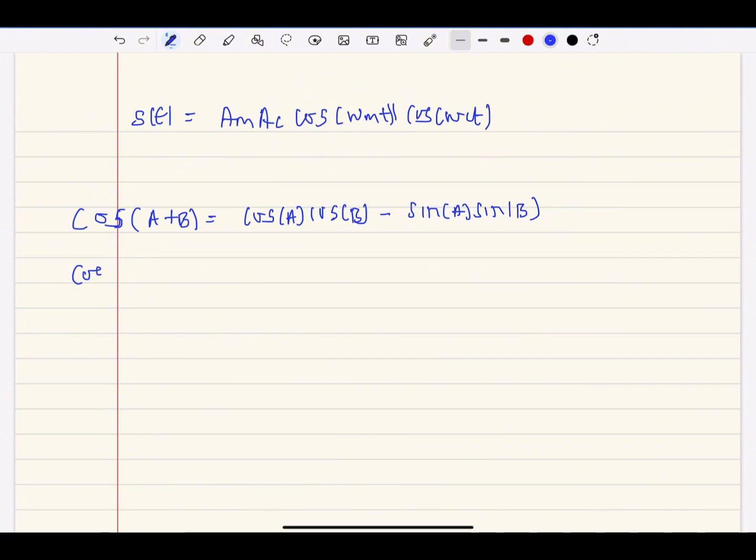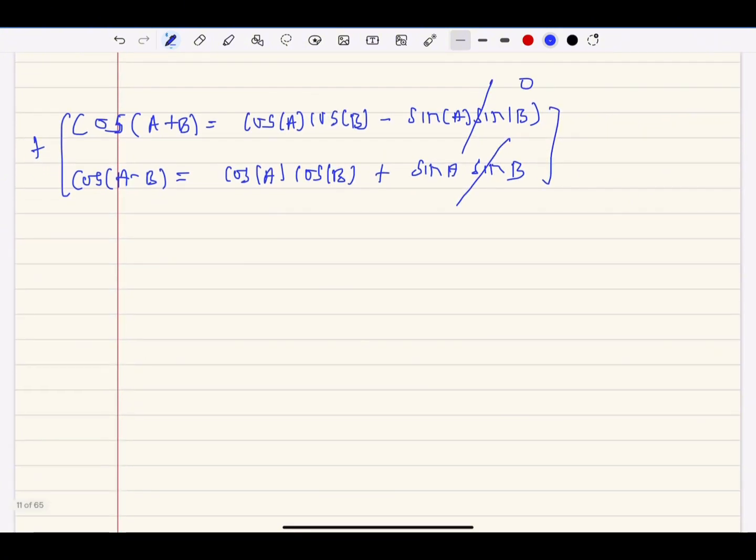You also have cos(A − B) equal to cos A cos B plus sin A sin B. When we add these two identities, this one goes to 0, and we get 2 cos A cos B equal to cos(A + B) plus cos(A − B).